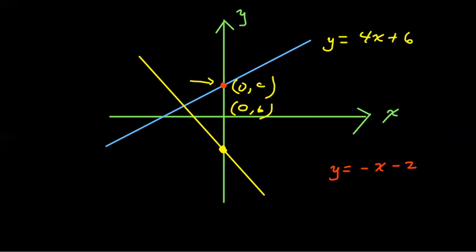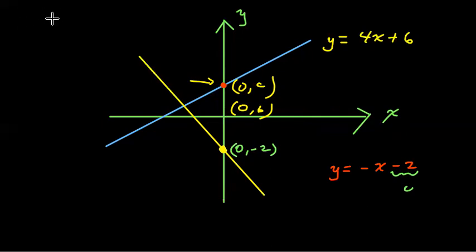Then as you can see right here, this is c, negative 2. So this would be (0, -2). And it has to be negative because we're looking at the graph and it's below the x-axis. So down here is where we have our negative values. So this is, again, just conceptually.